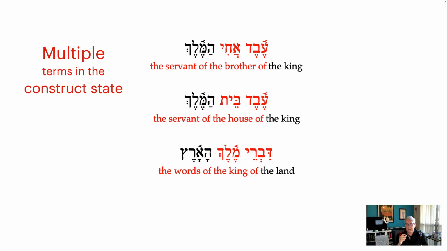If we have Eved Beit HaMelech, then it's the servant of the house of the king. And if it's the words of the king of the land, Divrei Melech Haaretz, the words of the king of the land, because the final word being definite means each of the previous nouns also become definite.